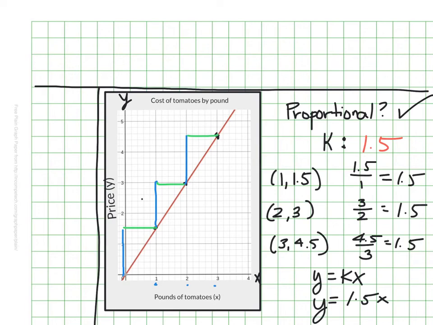This is me going up 1.5 for every 1 that I go over. Up 1.5 for every 1 that I go over. So that means my K value needs to be going up 1.5 on Y and over 1 on every X. So there it is again. 1.5 is my unit rate, and it is my coefficient of my equation.